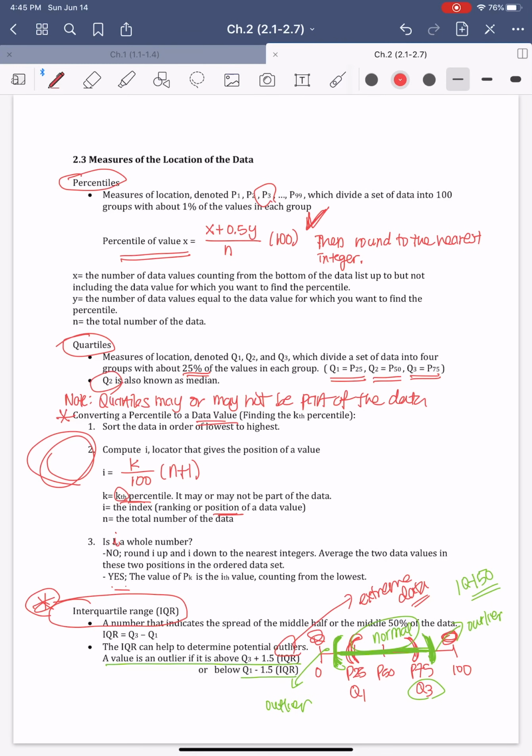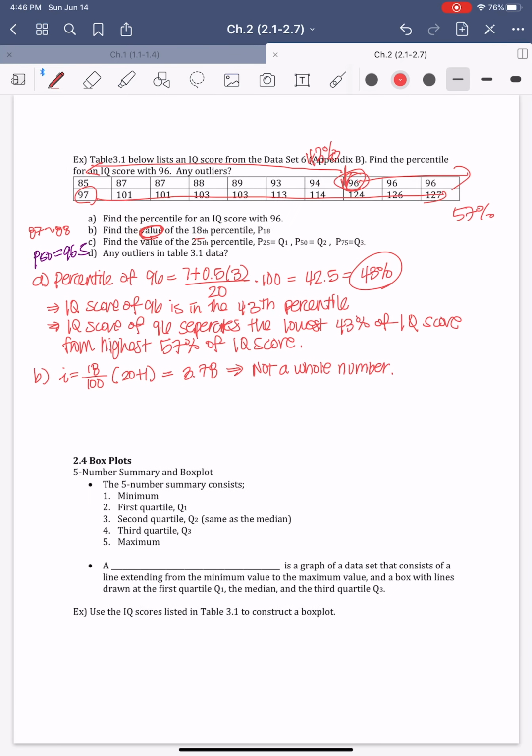So what happens if it's not a whole number? Round i up and down to the nearest integer and average the two data values between these two positions. So that's third plus fourth divided by 2.